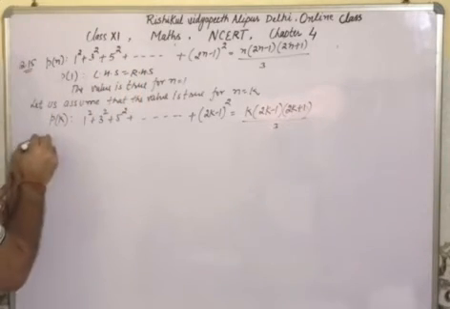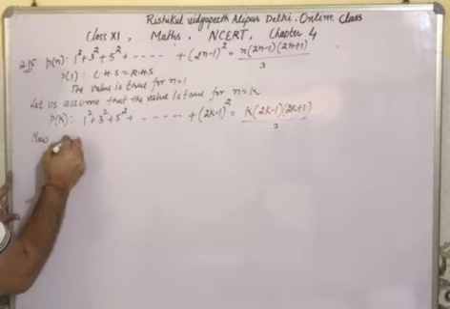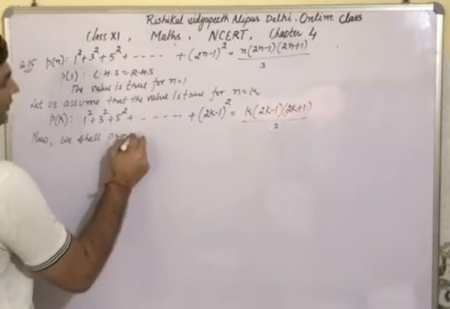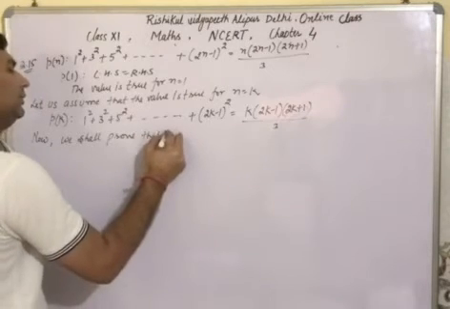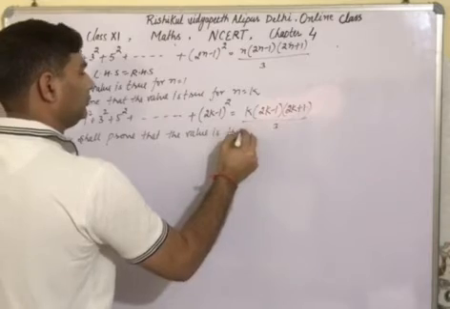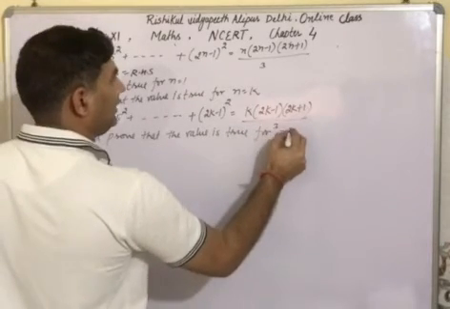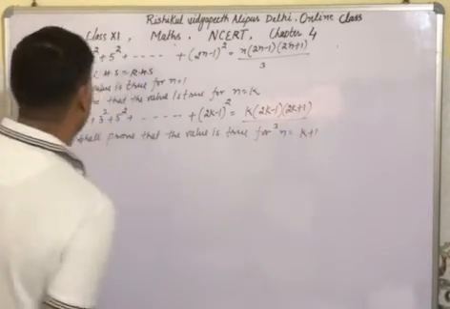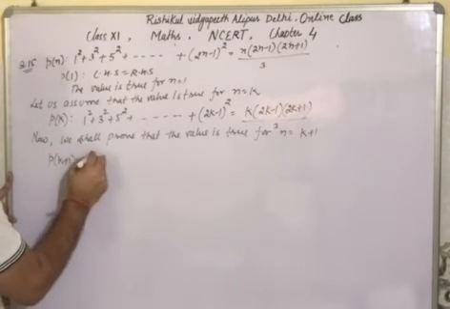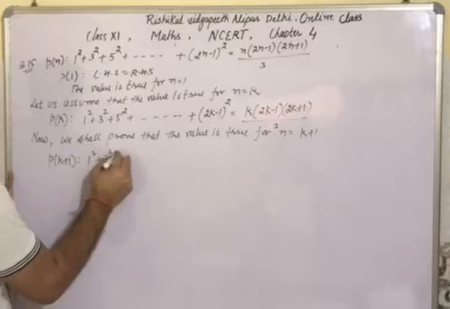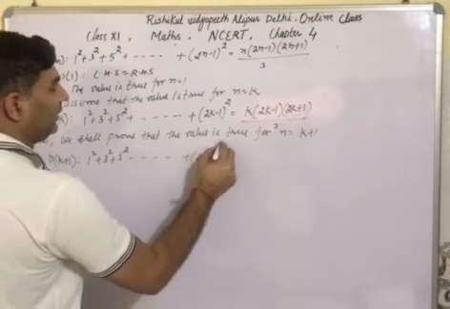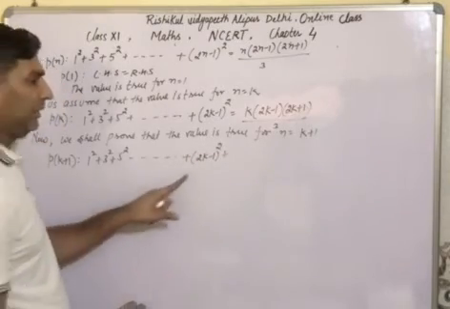Now we shall prove that the value is true for n is equal to k plus 1. Then P of k plus 1: 1 square plus 3 square plus 5 square and so on up to 2k minus 1 square, and the next term is 2k plus 1 square.